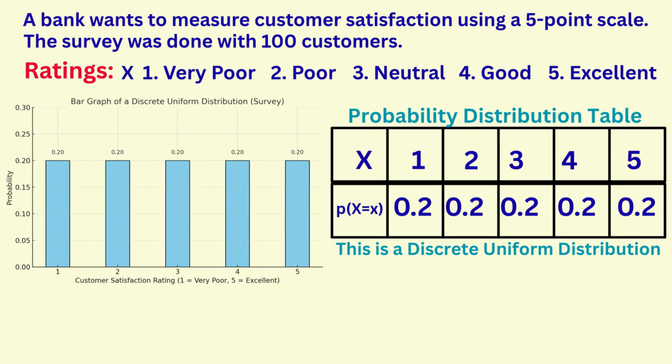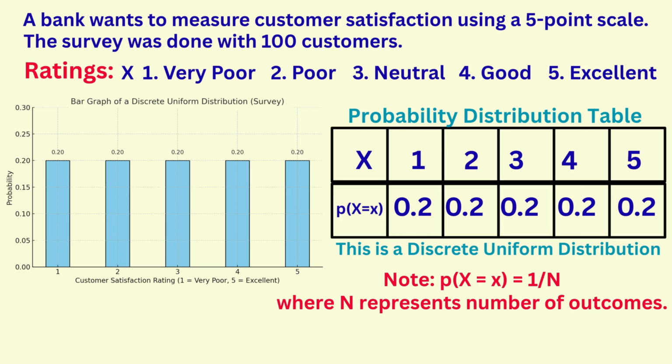By the way, notice that the probability of any of the outcomes in the discrete probability distribution is always equal to 1 over n, where n is the number of possible outcomes. In this case, there were 5 possible outcomes for x. So the probability of each outcome is 1/5, or 0.2.